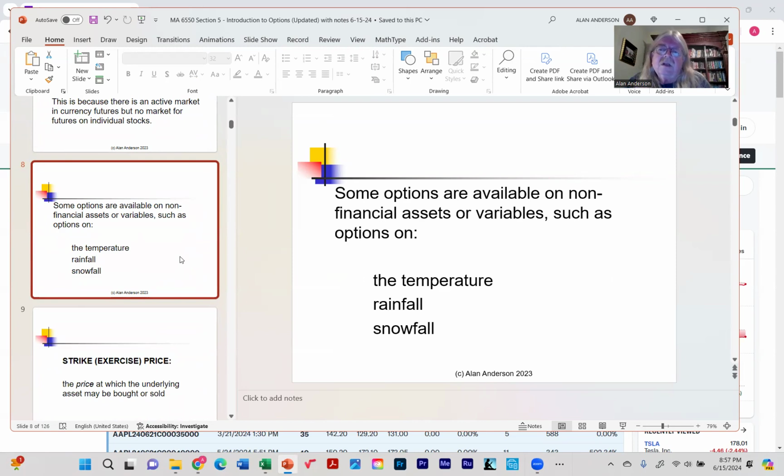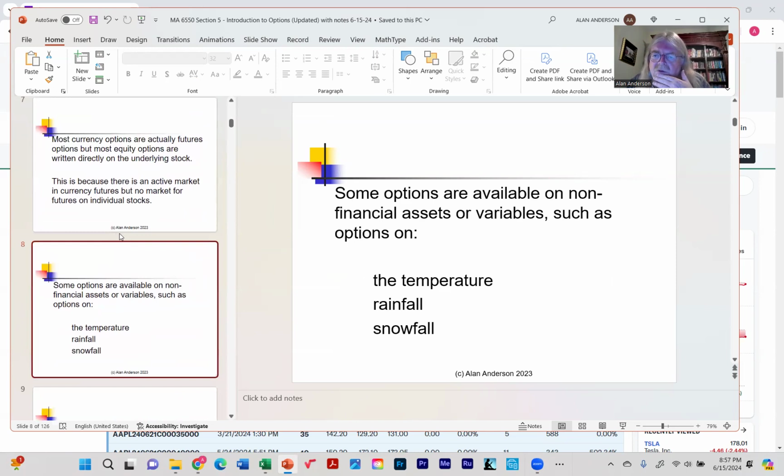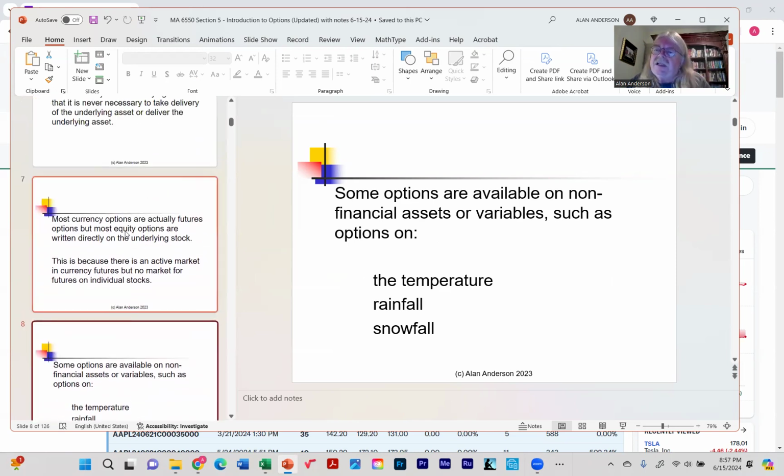Okay, so the ones that are a little odd, and those exotic options I talked about earlier, those are all done through the over-the-counter market where we negotiated directly with probably an investment bank. But the standard ones, like options on gold, let's say, you can get those in the over-the-counter market if you want, but they're also going to be available at the CME. In fact, if you want, you can go back to the CME's website and look at all the different options that they have.